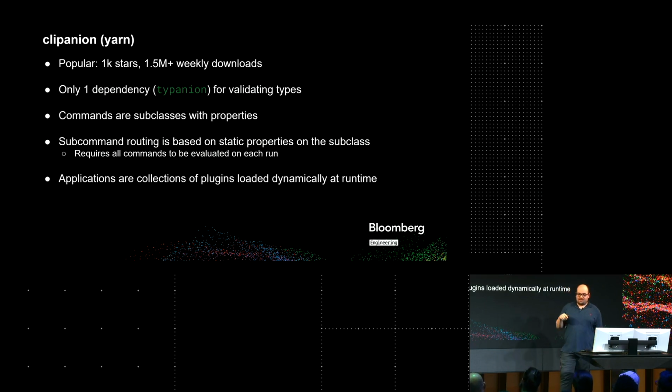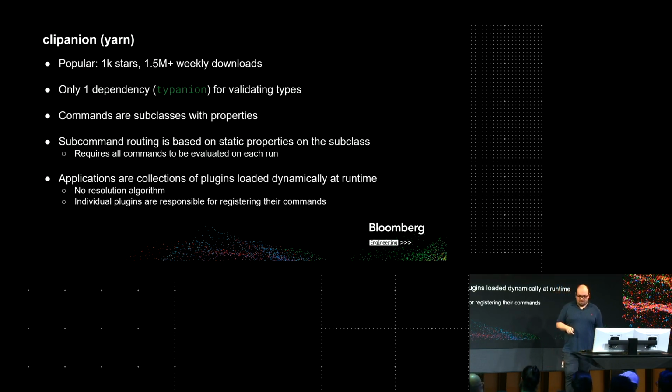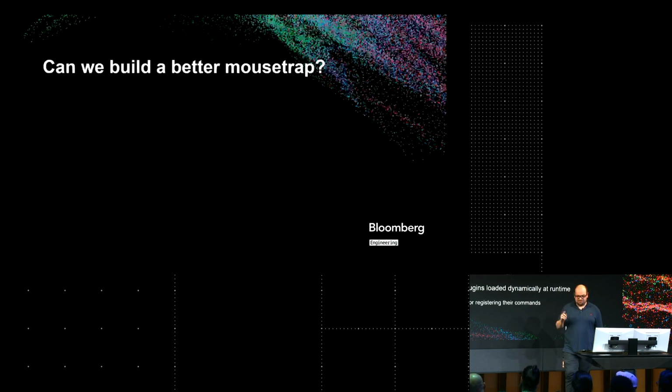And once again, it's a collection of plugins loaded dynamically at runtime, which is this additional dependency on the plugin resolution. It doesn't have a resolution algorithm like we saw with Oclif. Yes, everything has to get registered individually.